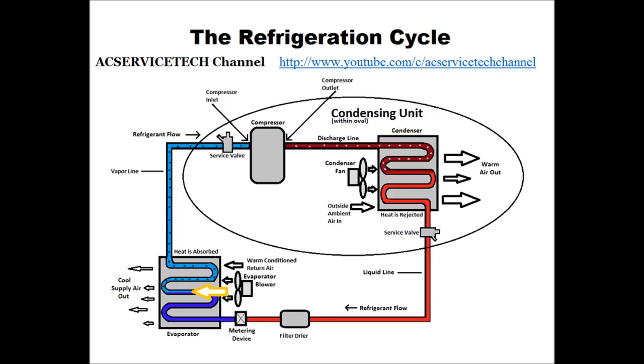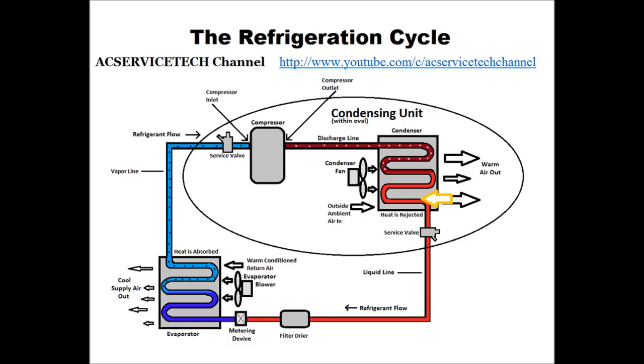After it turns into a complete vapor, right after the saturated state, from where it turns into a vapor to where it comes out of the evaporator coil, that's called the superheat. It's the temperature increase in vapor. It then proceeds into the compressor as a low pressure, low temperature vapor, and the process starts all over. So why do we need subcooling?